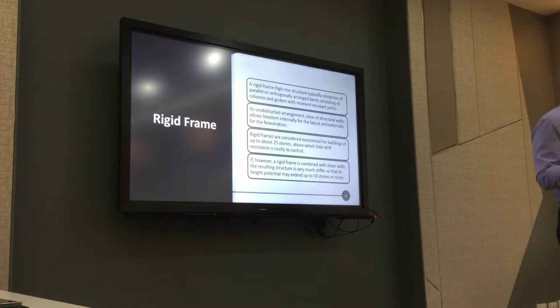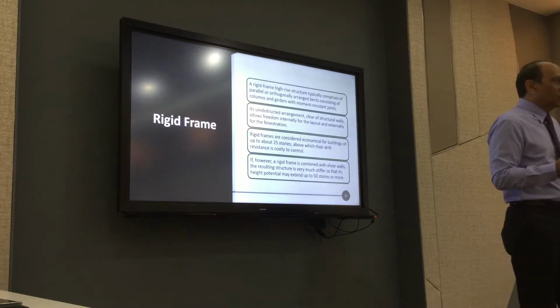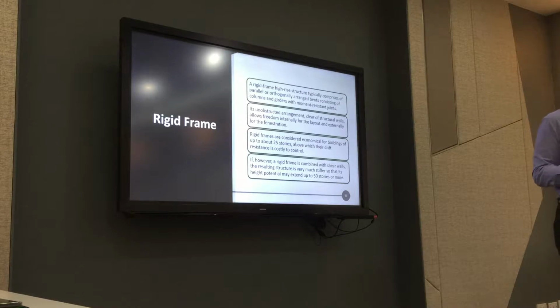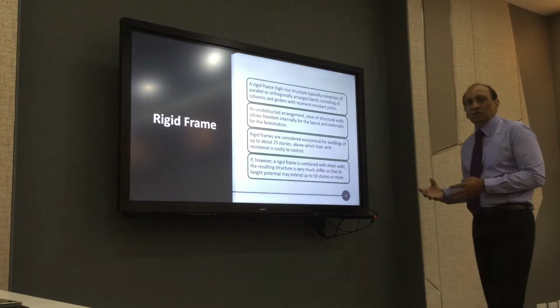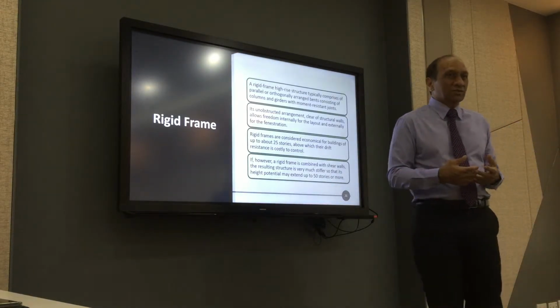So if you try to do that, then you have to over-design the columns and beams too much to resist 25% of the force, because they actually get only 5%. But if you insist that they must carry 25%, then you have to increase their reinforcement and sizes too much, because there are not enough frames there. So that's why this provision is not practical, very uneconomical, and not logical also.